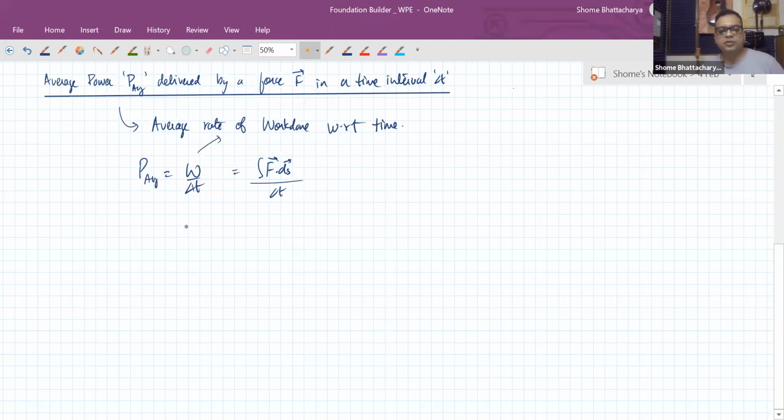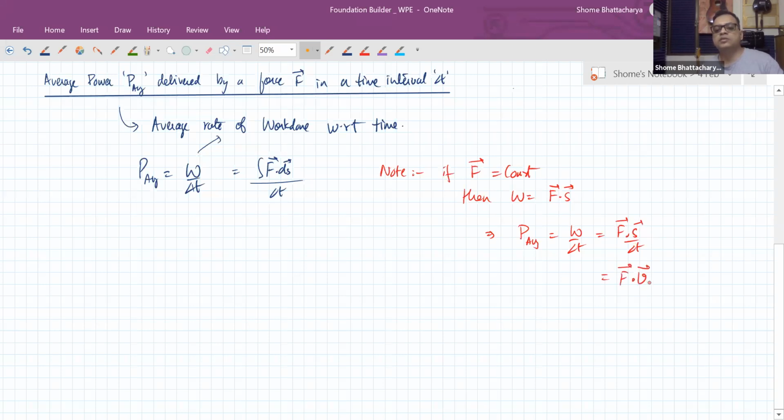So this cannot be defined in terms of instantaneous velocity. However, if the force is constant, then this can be defined in terms of average velocity. But remember, that is only when the force is constant. Otherwise, we cannot define work done by this simple dot product.